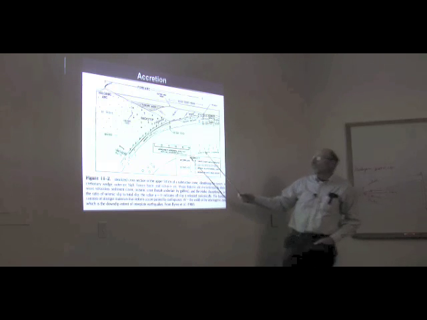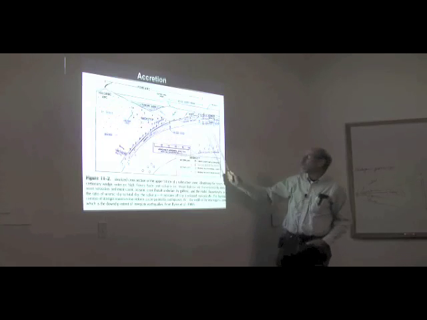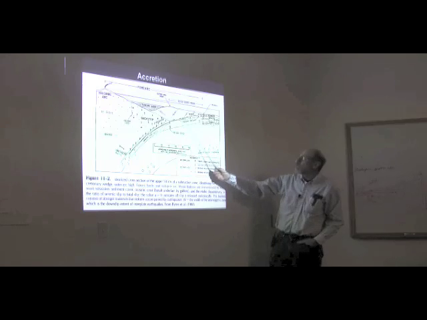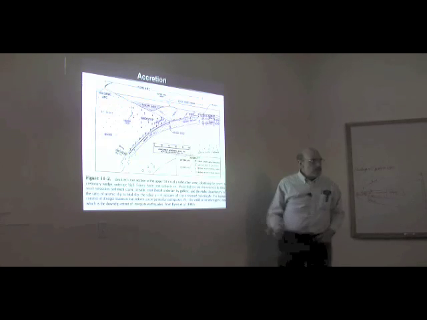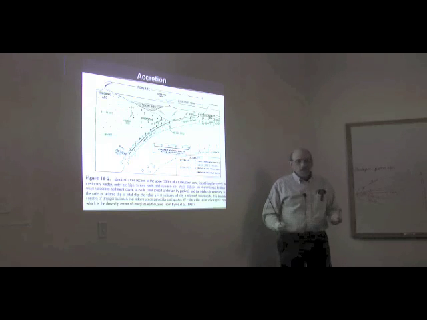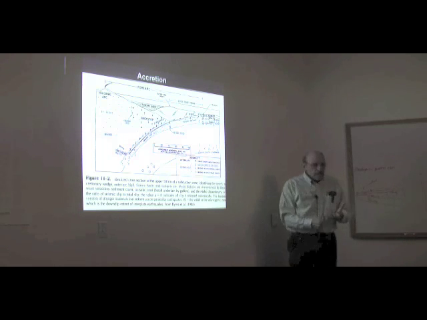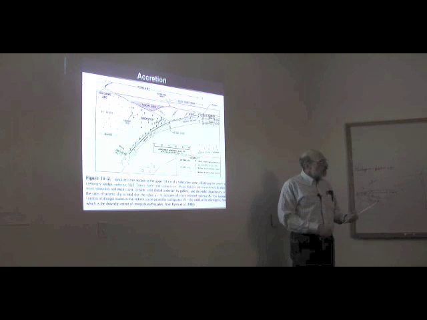Here's another cartoon of a subduction zone. Here's the volcanic arc back here, the downgoing plate. And this is showing sediment or sedimentary material being scraped off and forming a large wedge in front of the arc. And so that's a process that can accrete new material to the front of a continent.